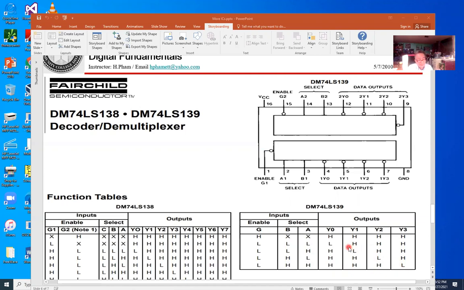That's telling you only one output is low at a time. They cannot be low both. Only outputs Y0, Y1, Y2, Y3. If Y0 is low, then the rest have to be high. The same thing happens for the second one. That's what they call a decoder.